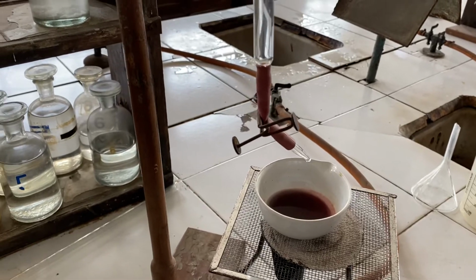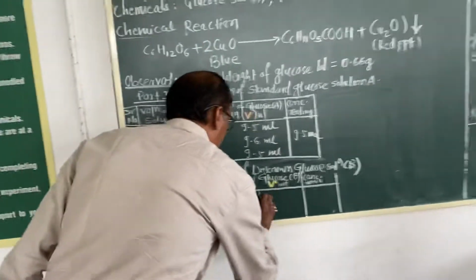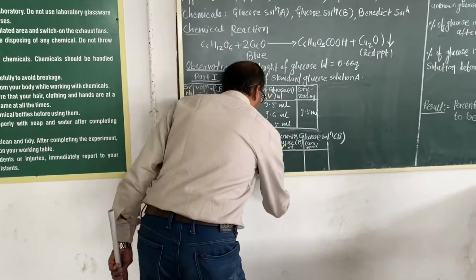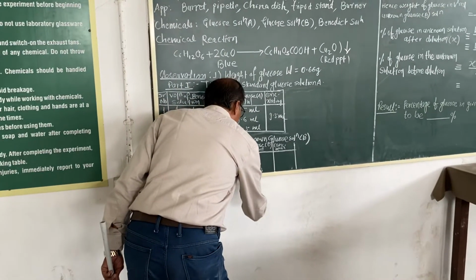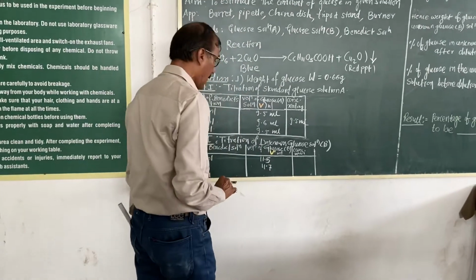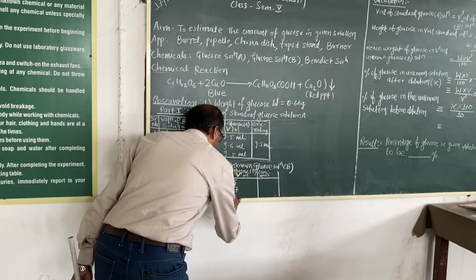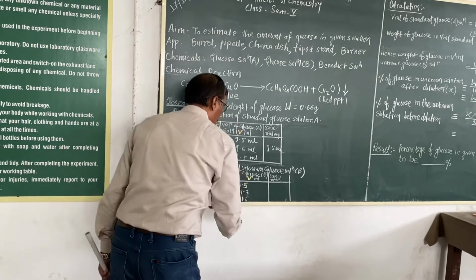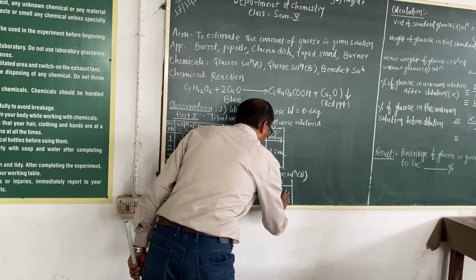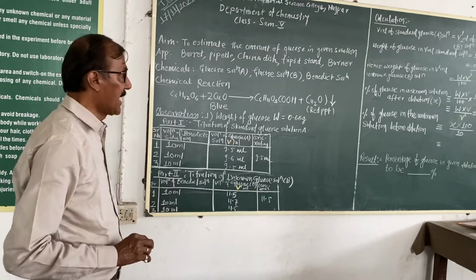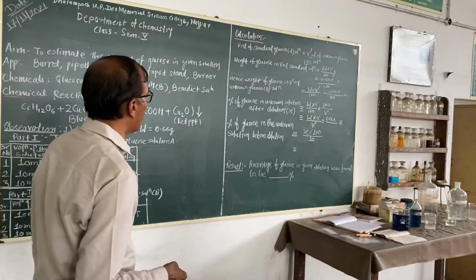Let it be that the reading is going to be 11.5. The second reading I got is about 11.7, and then the third titration, I got about 11.5. So this 11.5 is the constant reading. Then do the titration calculations.